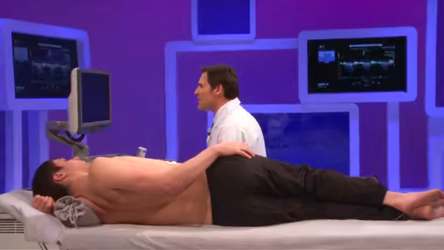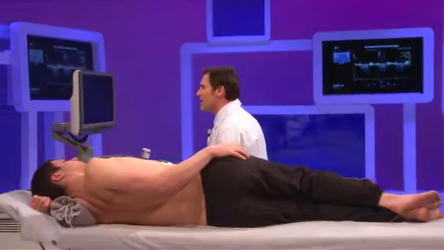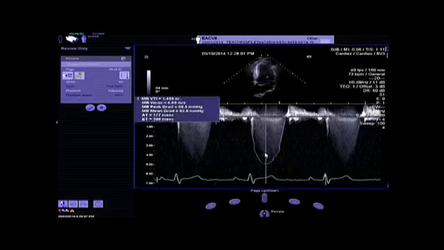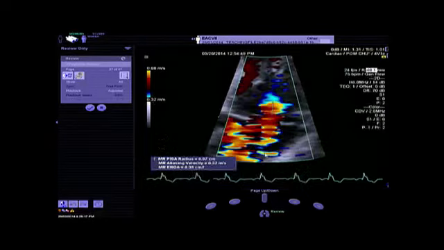So for the next measurement to quantitate the regurgitation, you need to record the regurgitant jet using the continuous wave Doppler, and you need to measure the peak velocity and the time velocity integral. And with the method, the machine automatically will provide the measurement of the effective regurgitant orifice that is 38 millimeters square.